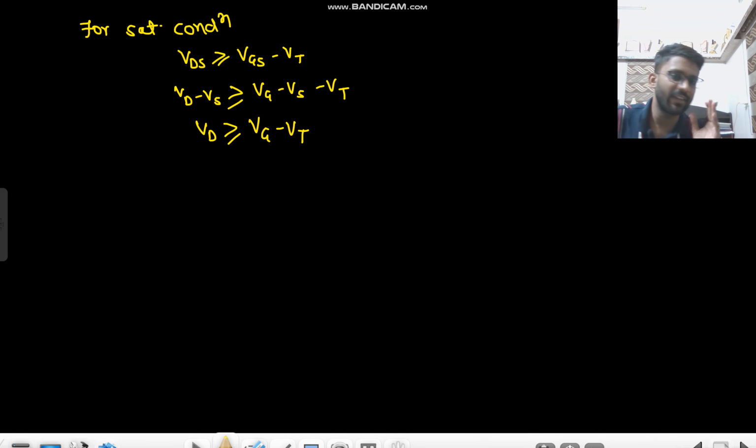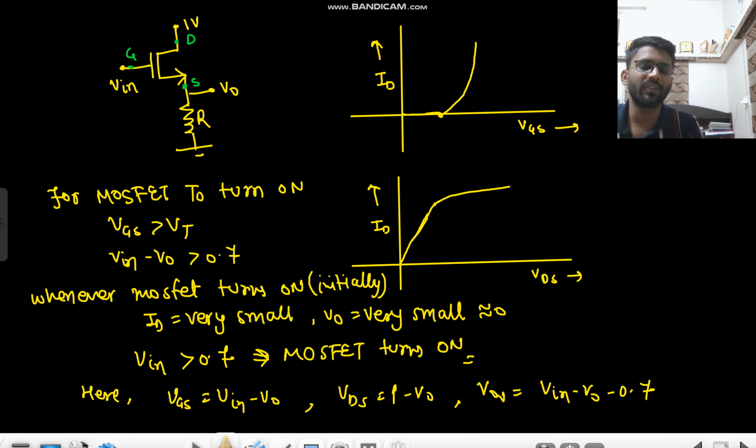So the source voltage never defines the region of operation, and you don't need to worry about the value of V naught now. There is one more thing we will see about V naught.